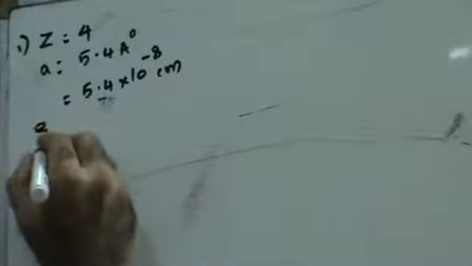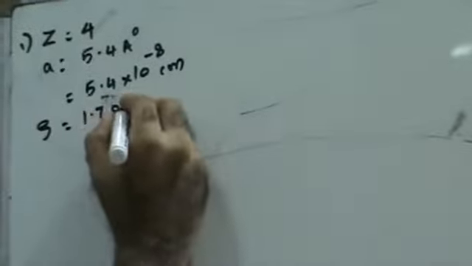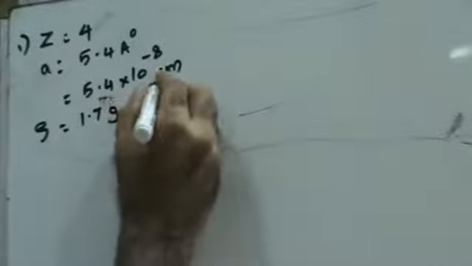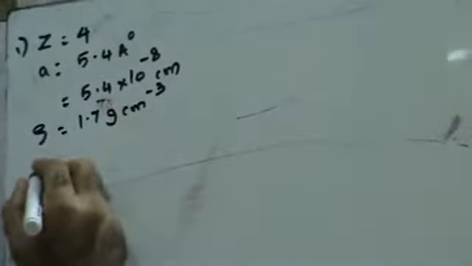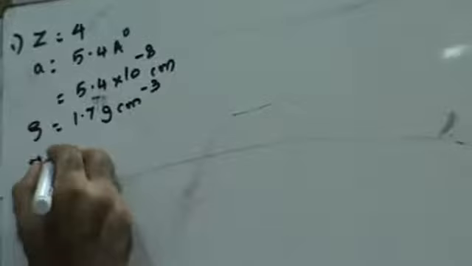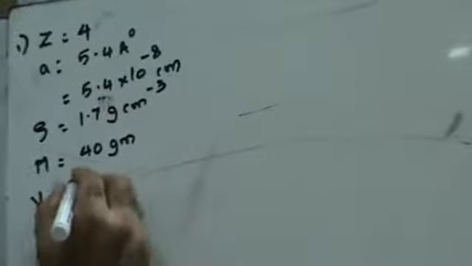If the density and mass are 1.7 grams per centimeter cube and 40 grams. Now, first of all, I can say volume is equal to a cubed.